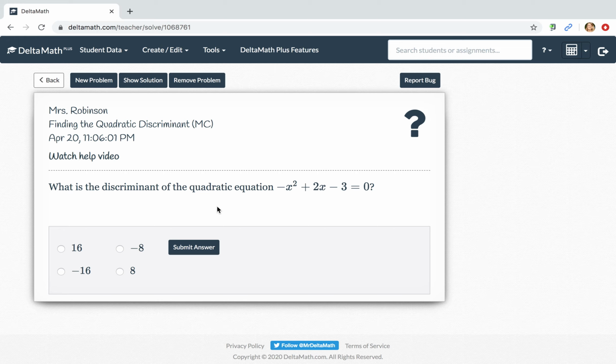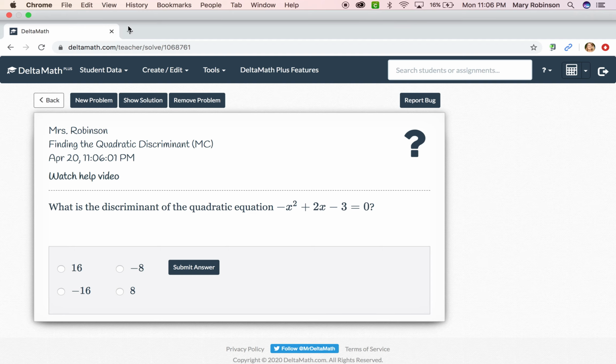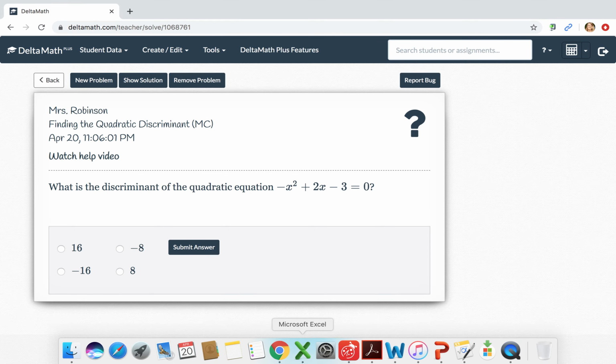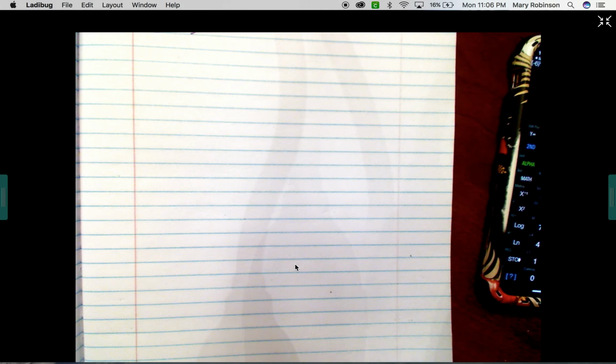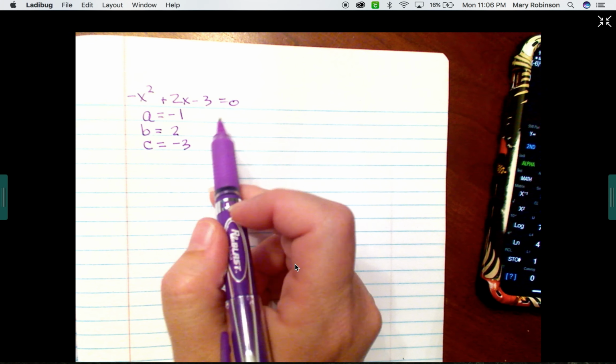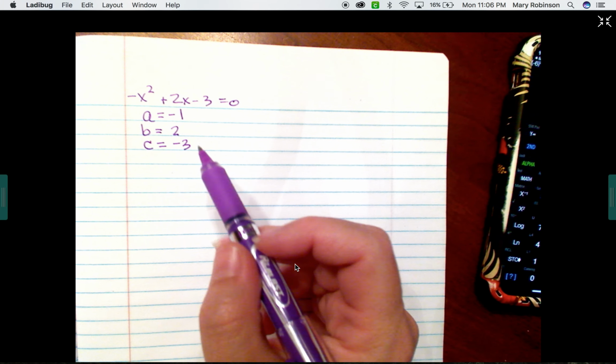So my a value is negative 1, my b value is 2, and my c value is negative 3. So again, I'm going to write those values down. It's already set equal to 0, so I can go ahead and identify those values and plug them in my calculator. I'm going to switch back here to my document camera. So this is what I wrote. This was my equation. My A value was negative 1. My B value is 2.